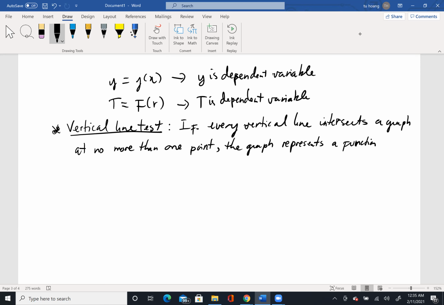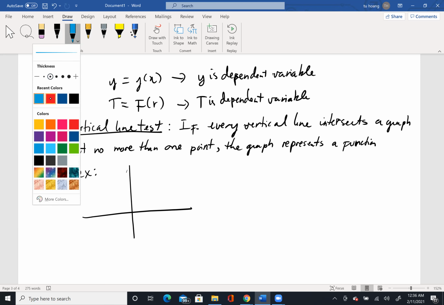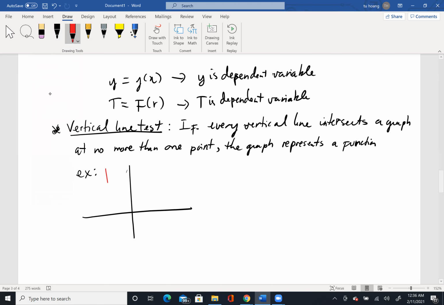Okay, so for example, if I have a graph over here, y equal to x squared, look at that, right? And I wonder, is this a function?